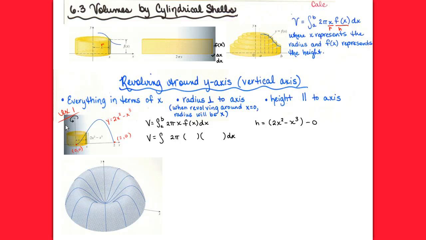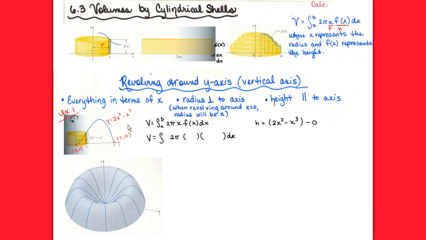Here's the problem. By method 6.2, when I'm revolving around the y-axis, everything has to be in terms of y, right? So that means that I would have to solve this equation for x to get it in terms of y. That just doesn't look like a whole lot of fun to me. And it's going to create an obnoxious equation that I'm then going to have to work with, right?